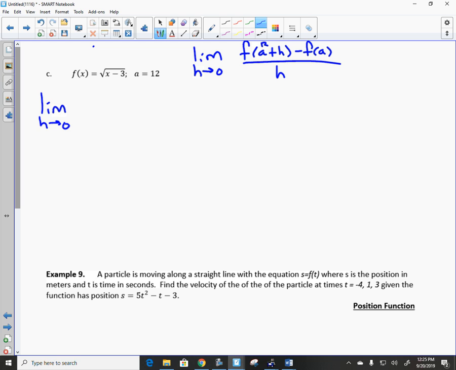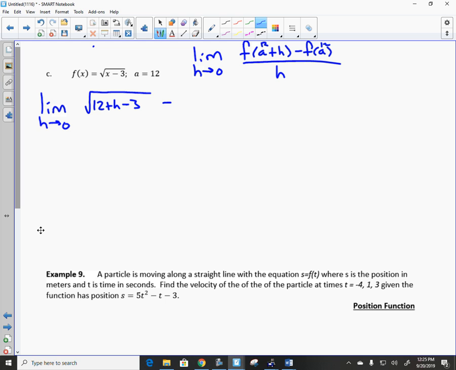So if you plug in 12 plus h for x, what are you going to get? The square root of 12 plus h minus 3, minus, and instead of just plugging in a for the expression, you could plug in 12.